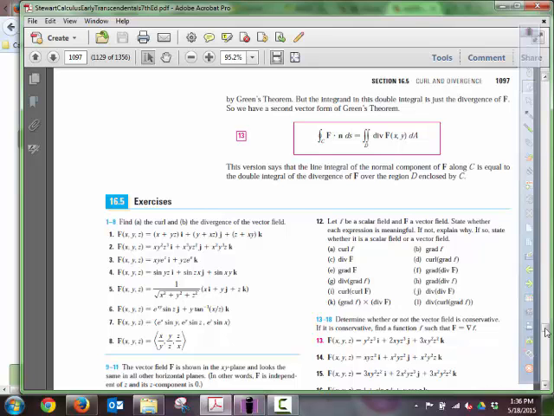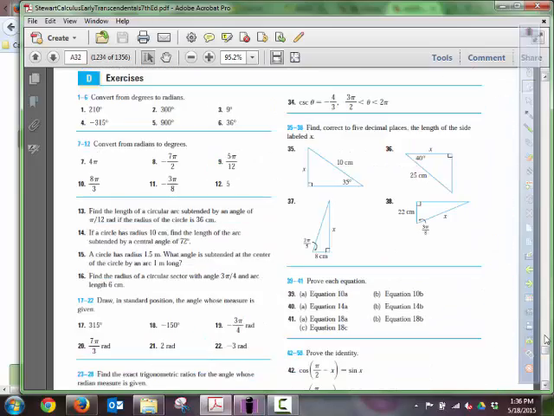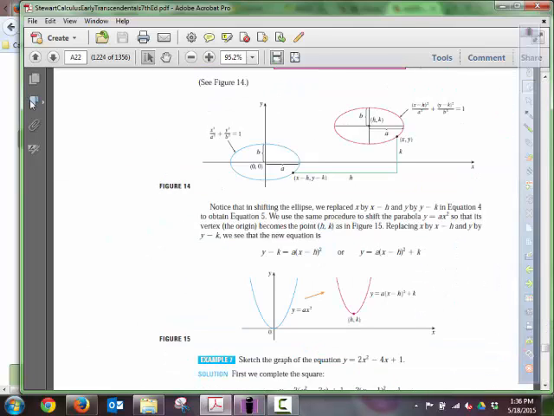Oh wait, this is the wrong section. Uh-oh, lost my page.